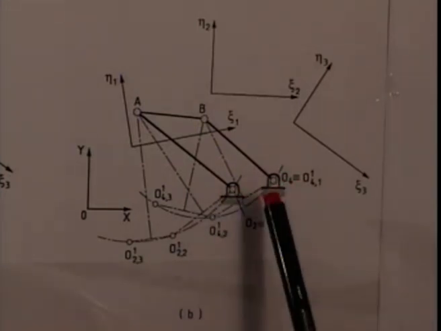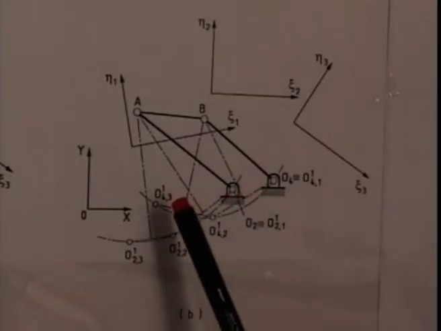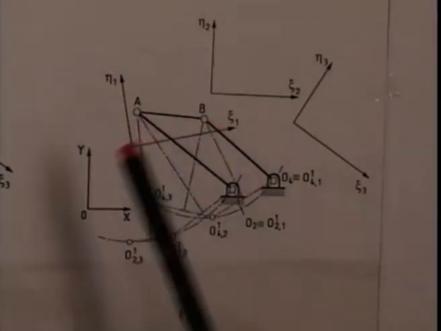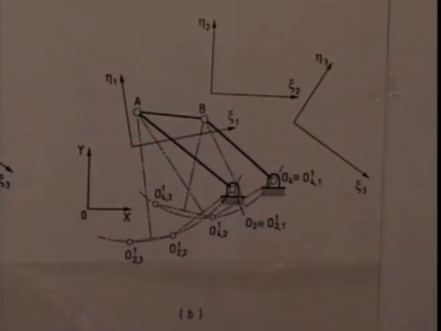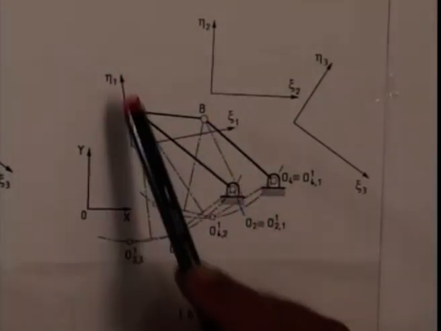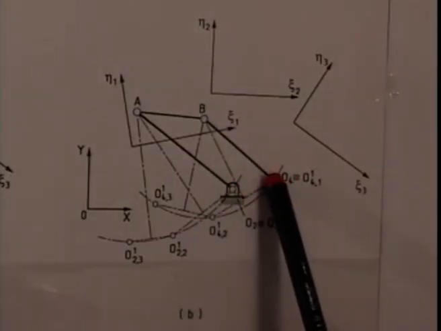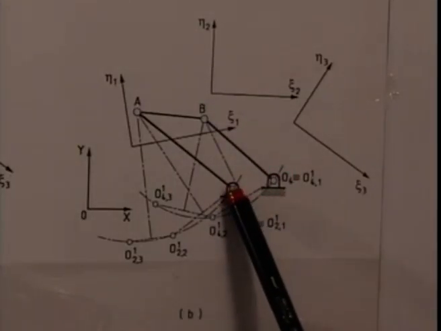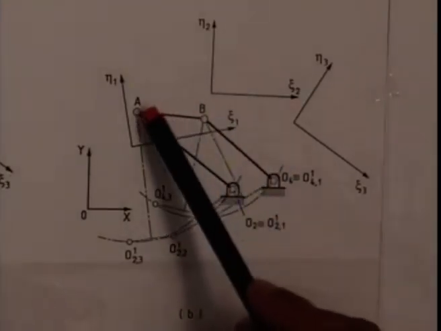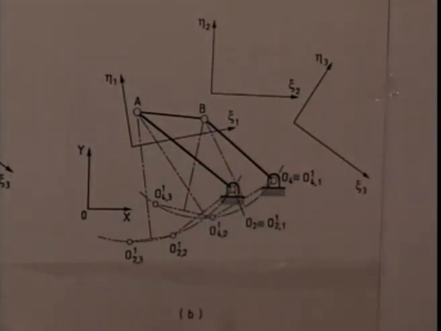Our task is to determine the location of the moving hinges A and B. Say we want to decide it in the first position of the coupler. We make a kinematic inversion, hold the coupler fixed in its first position and allow the fixed link to move, and determine where these points O2 and O4 go to keep the same relative movement between the coupler and the fixed link, which remains invariant for a given mechanism.